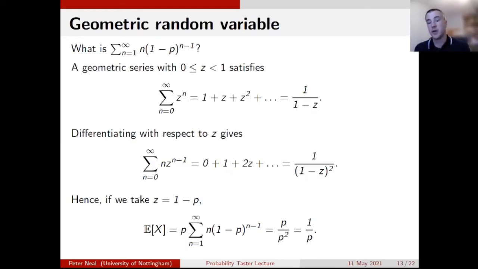If we had a dice and we want to know how many rolls on average we'll need to get a 6, again here the probability of getting a 6 is 1 over 6. So on average it will take us 6 rolls of the dice to get a 6. So we can see that these answers fit in with our intuition.